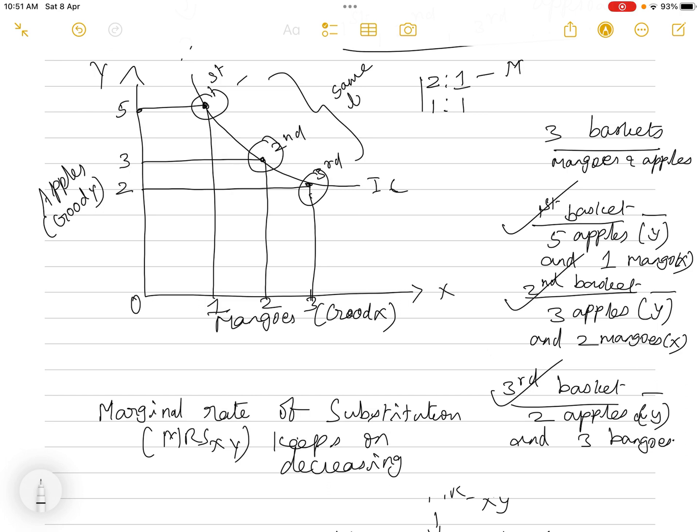All the three baskets or combinations are going to give the consumer the same level of satisfaction. So that's why the consumer is indifferent, that is, he is not bothered, any basket is okay for him. So that is why it is called the indifference curve analysis. Okay, now this is the meaning of indifference curve.